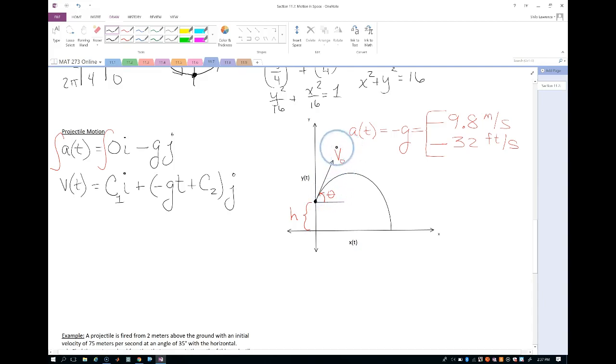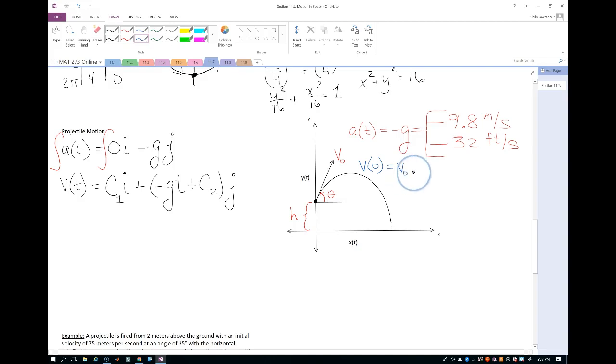We do have some information about velocity at time 0. We know that it has a magnitude of v sub 0 at an angle of theta. We can take that information, take magnitude and direction, and actually write it as a vector. Remember, the way that you change from magnitude and direction into components is using sine and cosine.